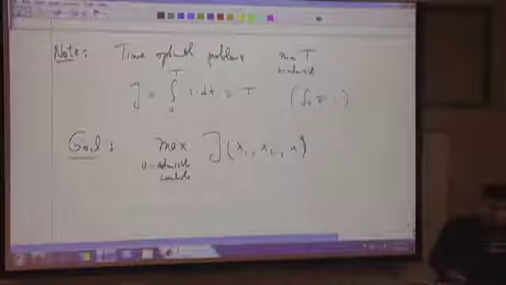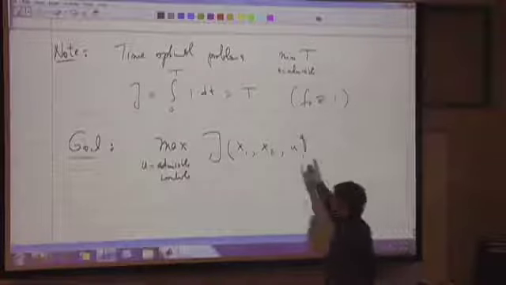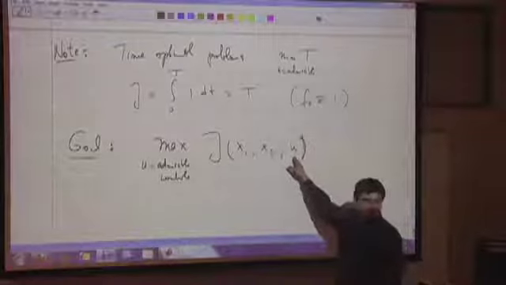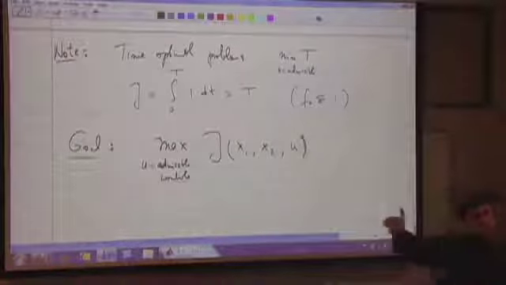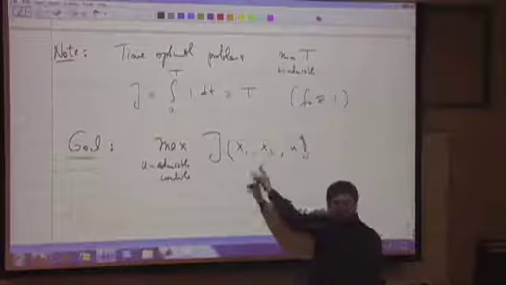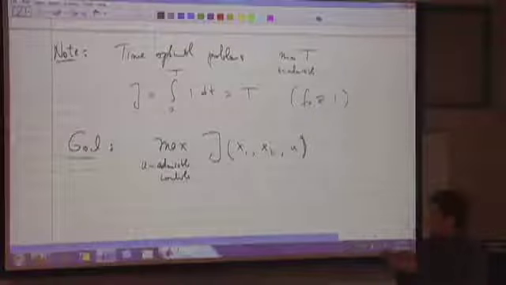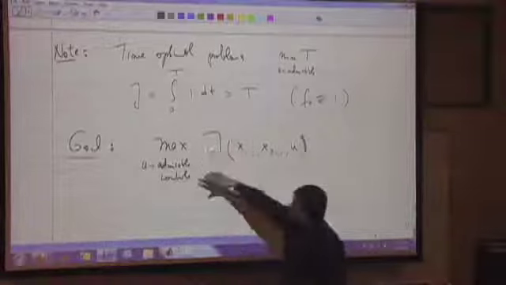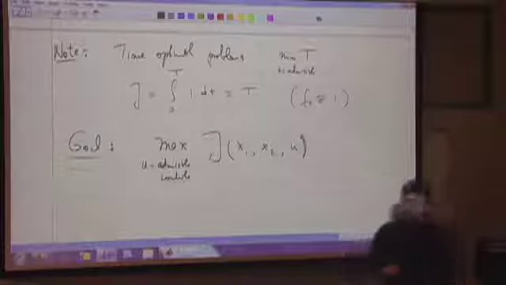The value of this functional is determined by u. You pick a u as a function of time. That u is going to determine the trajectory x1, x2, and then you put everything in that expression for the functional, and that should be the maximum possible.